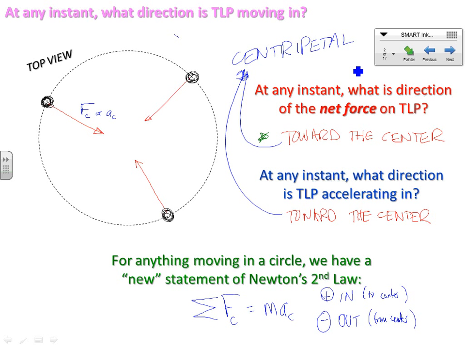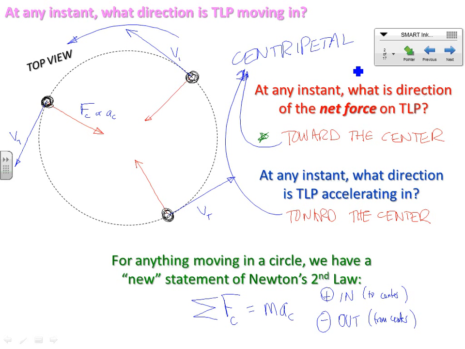Those both point in towards the center. But if this thing is going around in that direction, at this instant the object is actually moving in this direction. It's moving at any instant tangent to the curve, hence that T for tangential. Right here, it's moving in that direction.